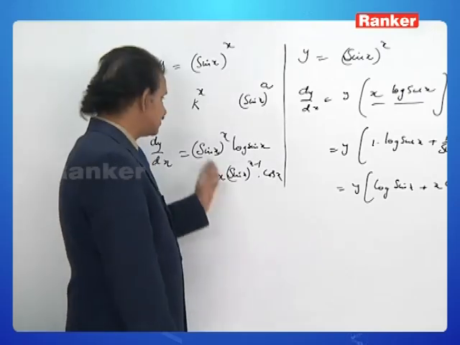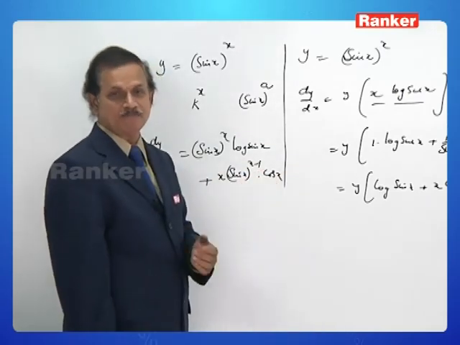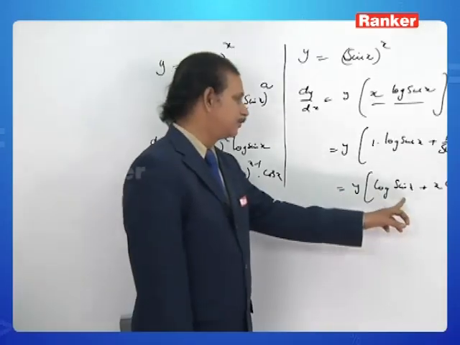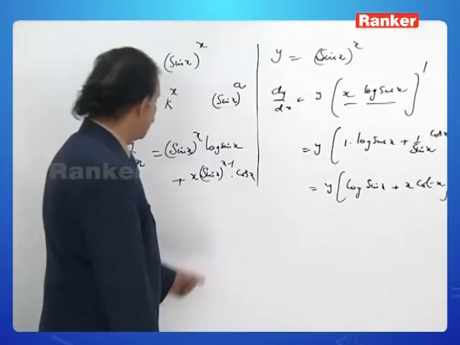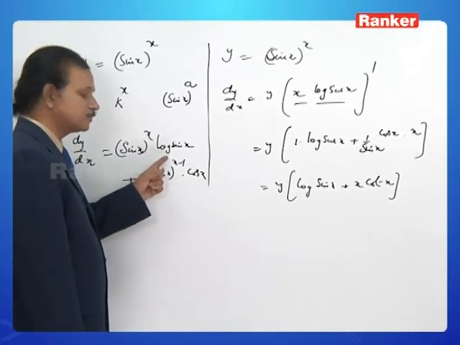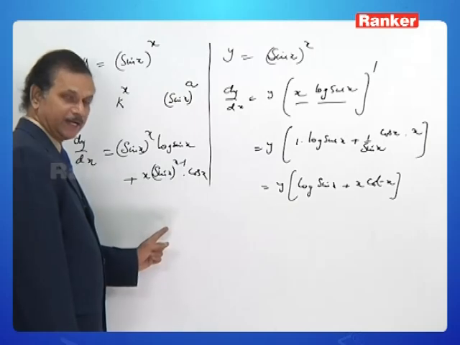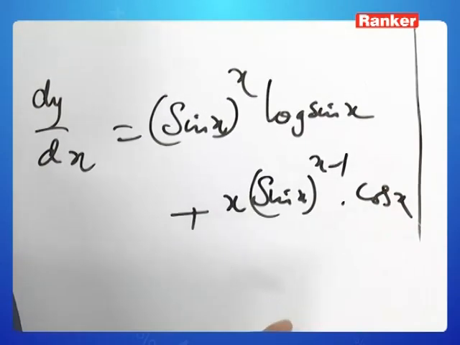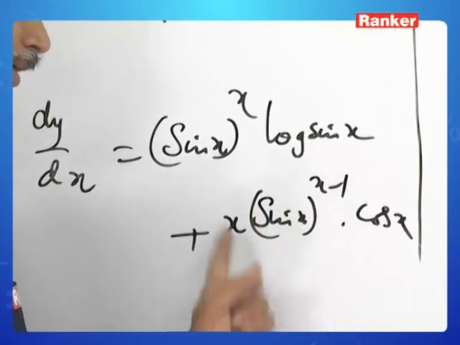Do you believe that these two answers are one and the same? Why not? It is y into log sin x, y into log sin x. You see, sin x whole power x minus 1, what do you mean by that? Sin x whole power x by sin x whole power 1. Sin x whole power 1, cos x by sin x is cot x. So y into x cot x.